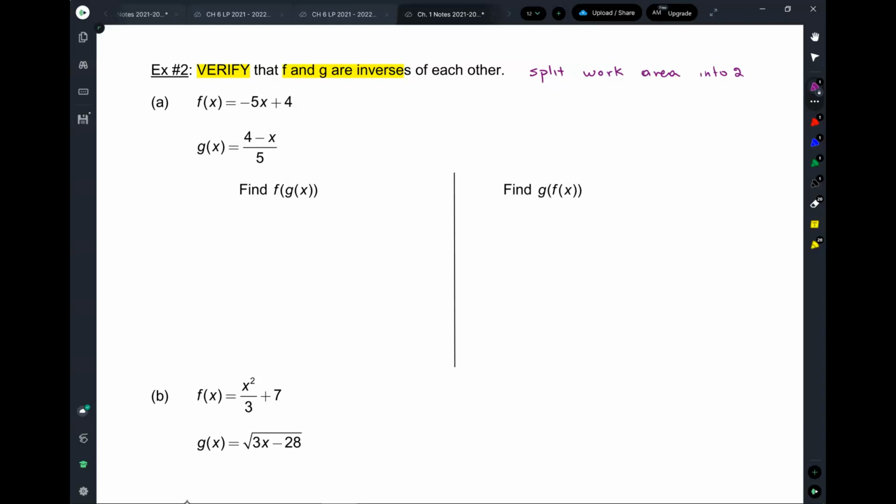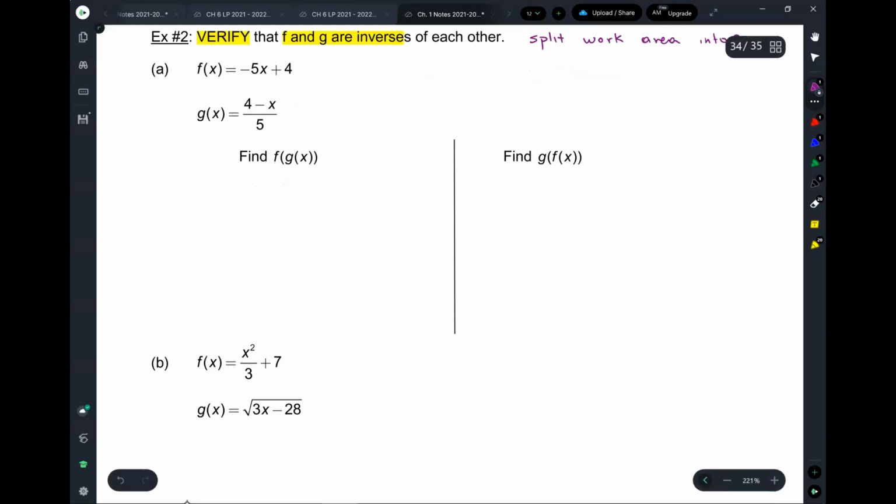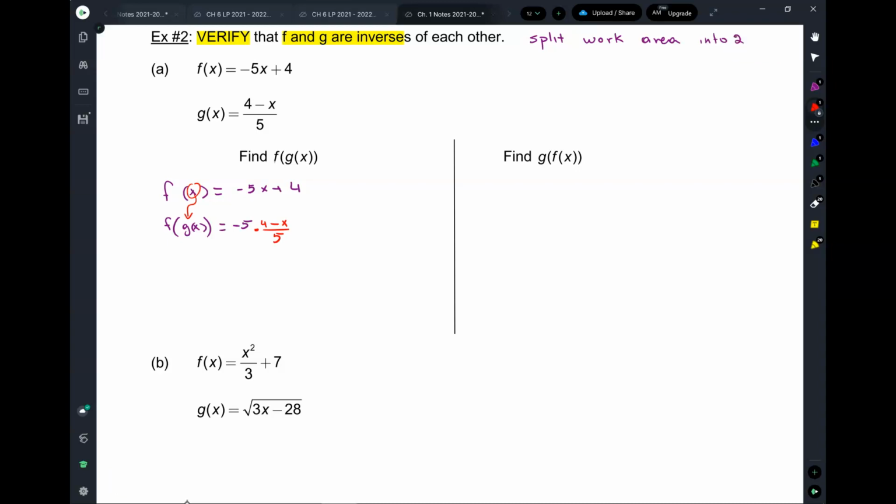So, let's find f of g of x. The outside function is f of x. Now, if I want f of g of x, all the x's are going to be replaced by g of x. So negative 5 times g of x, plus 4.